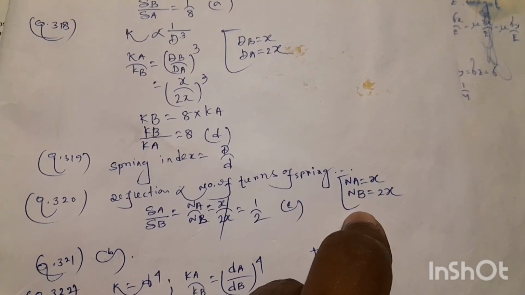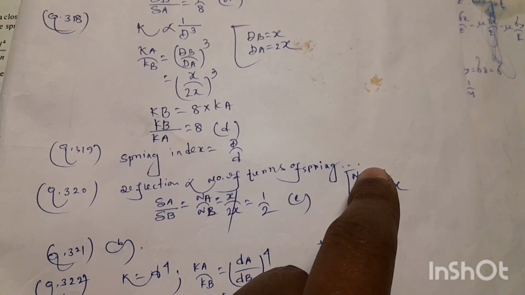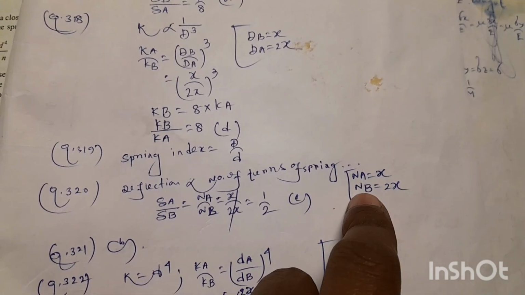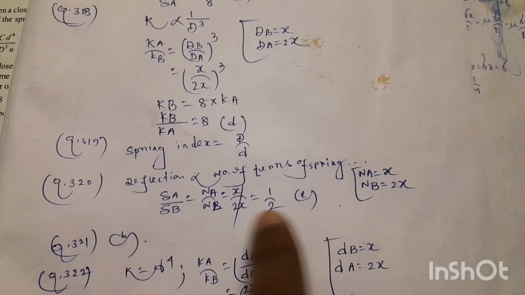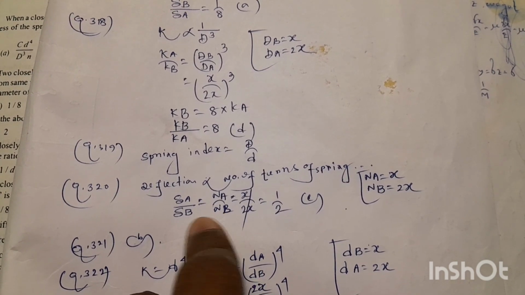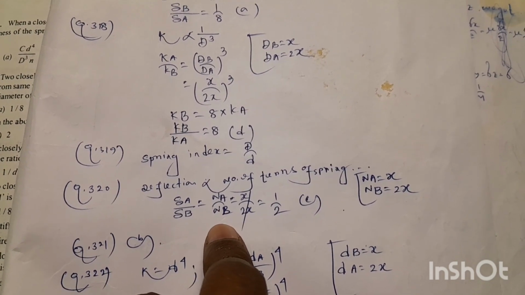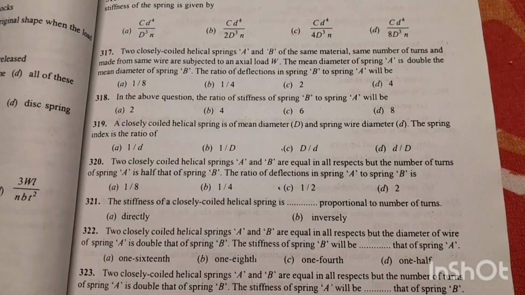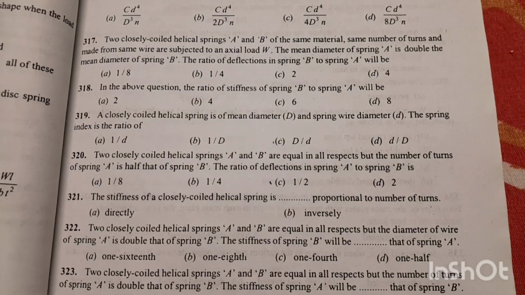The number of turns of spring B is double that of spring A, so if Na is x, Nb will be 2x. Del A by del B equals Na by Nb, and the final value will be 1 by 2. So for question number 320, option C is the right answer.